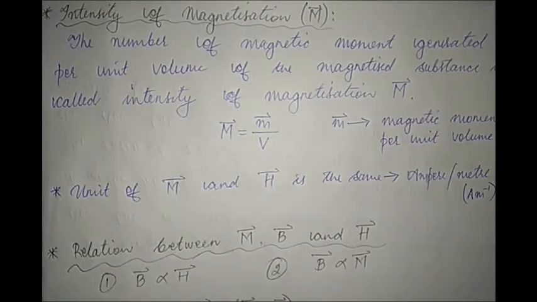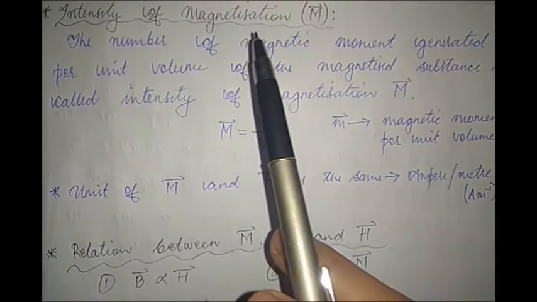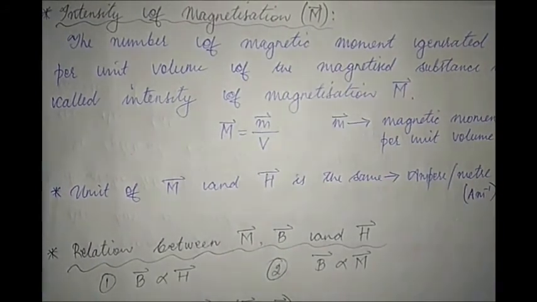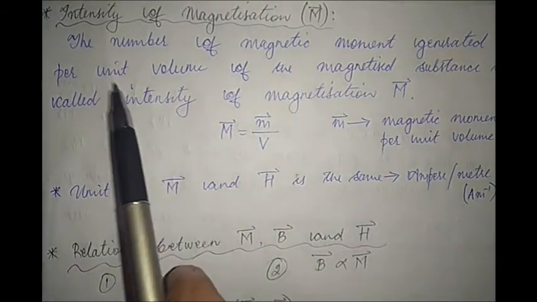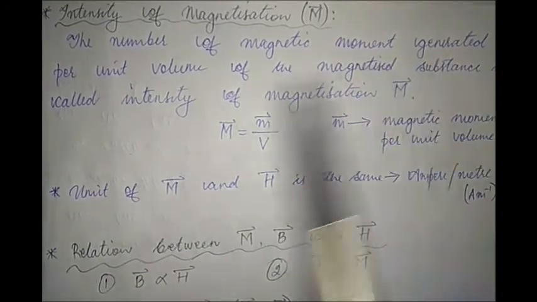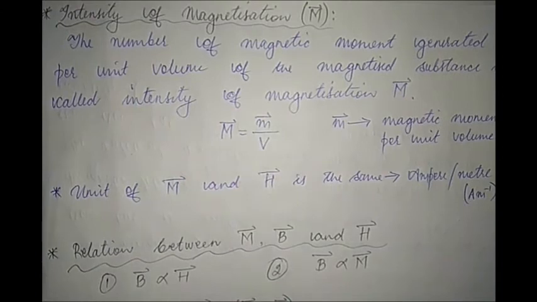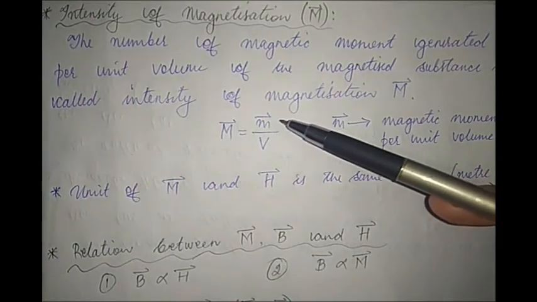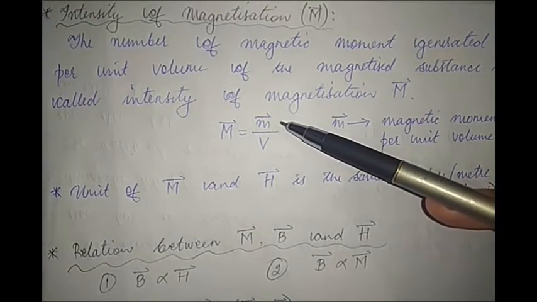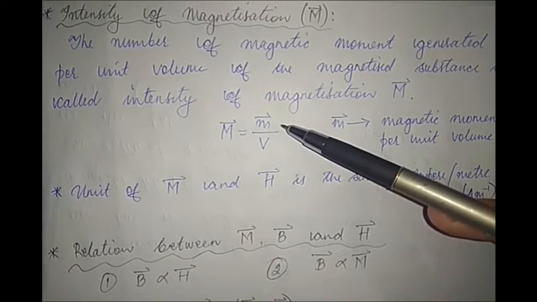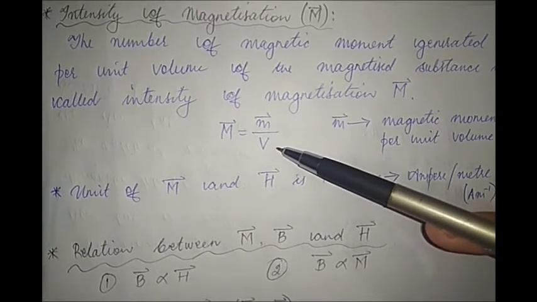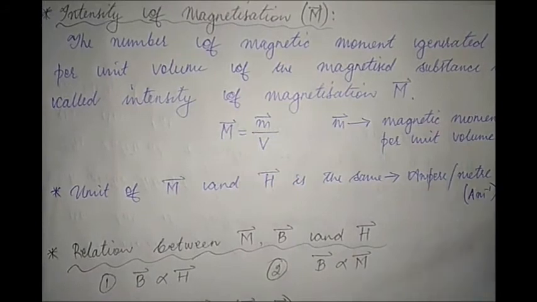Let us therefore talk about something called intensity of magnetization, denoted by a capital M. It is defined as the magnetic moment generated per unit volume of the magnetized substance. So how many dipole moments have been generated or aligned in a particular direction per unit volume is what is called intensity of magnetization.